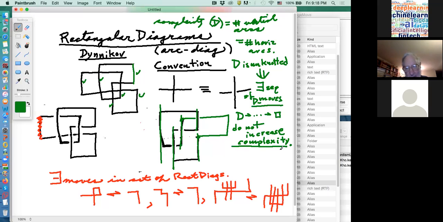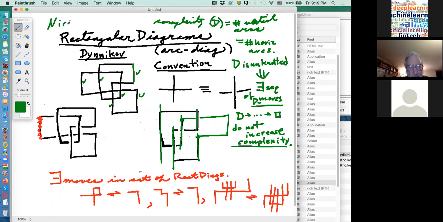So if a knot is unknotted, it can be found out by a finite search, because as long as you don't increase the complexity, you're actually searching a finite space, a large finite space in general, but it's finite, and so all you have to do is look until you find moves, and it will go away if it's unknotted. That's the theorem.